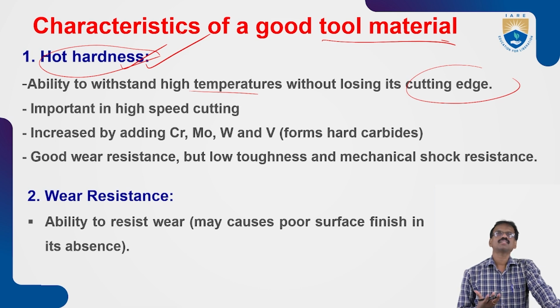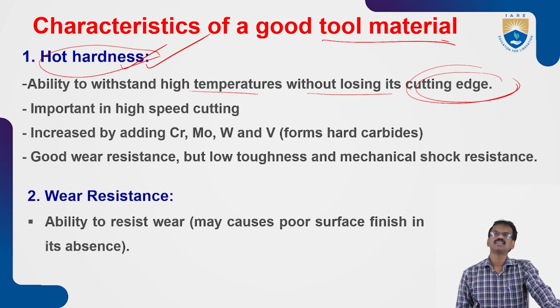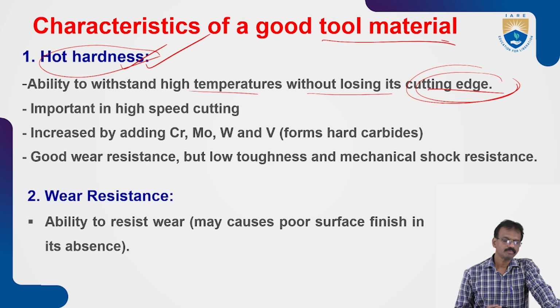If the cutting tool doesn't have the hardness property, then in the machining process, automatically it gets the wearing problem. Automatically the cutting edge wears, so there is a chance of losing the cutting edges. So the cutting tool should have good hardness.